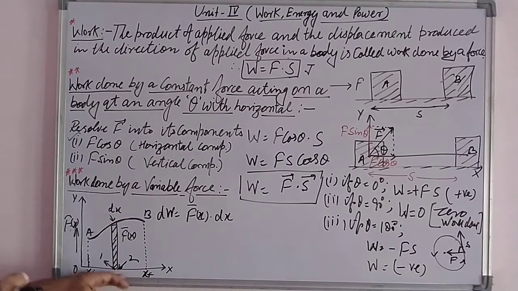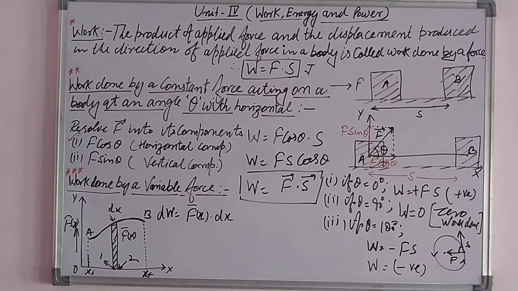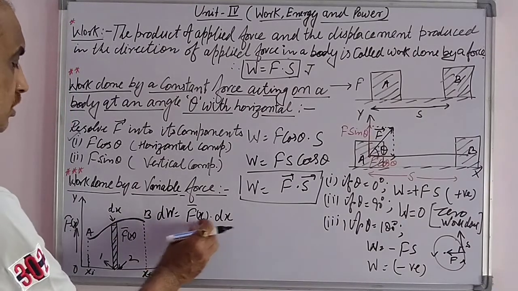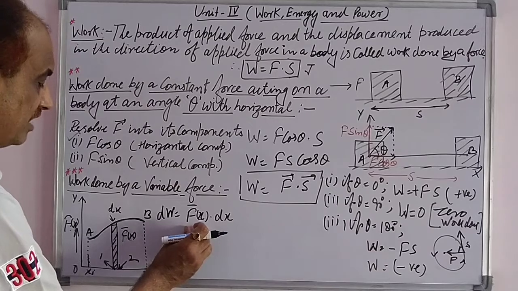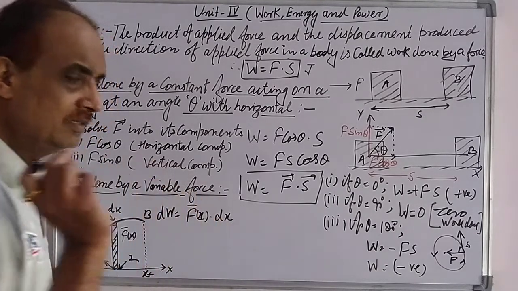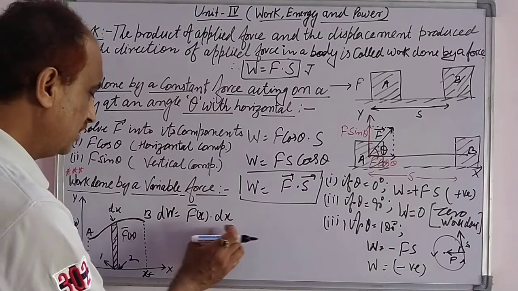The interval width is very small. So in that small displacement we have to find the work done. So the work done will also be very small. It is represented by dW. So dW will be equal to force into displacement. So F bar x, that is the average force acting on the body, multiplied by the displacement dx. So dW equals F bar x into dx.